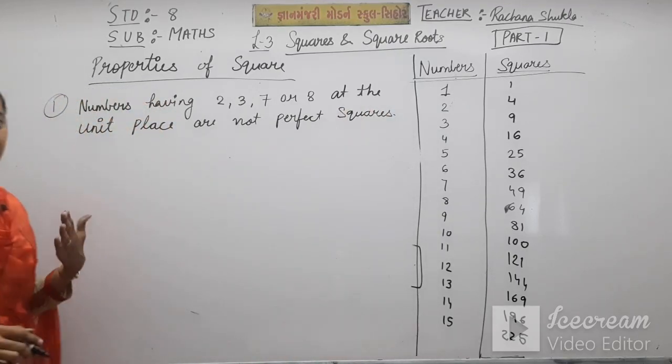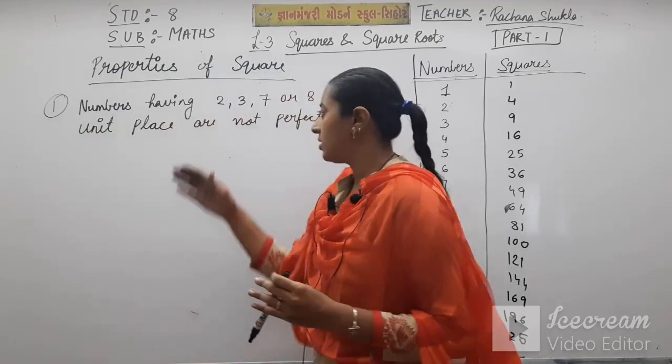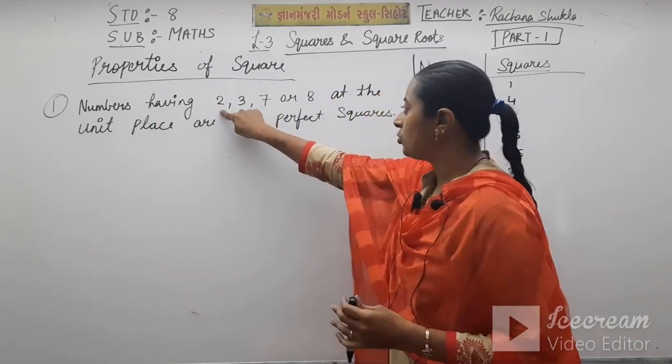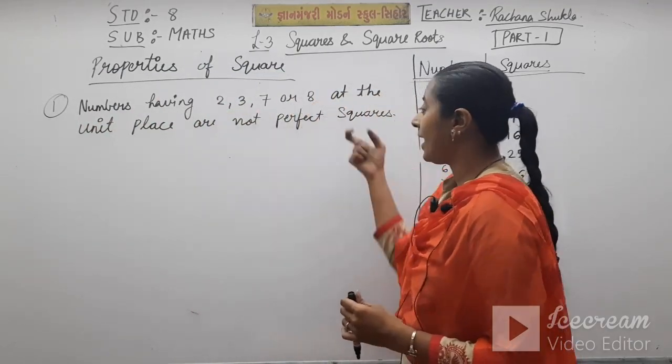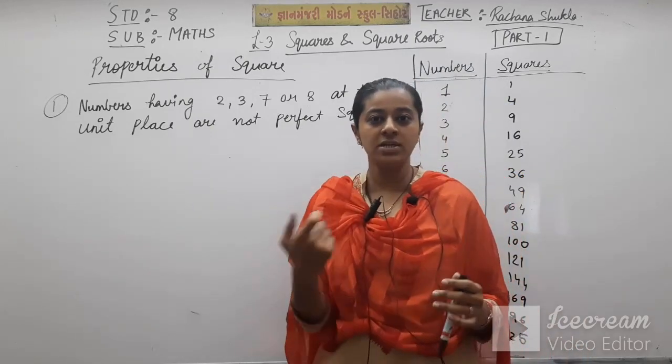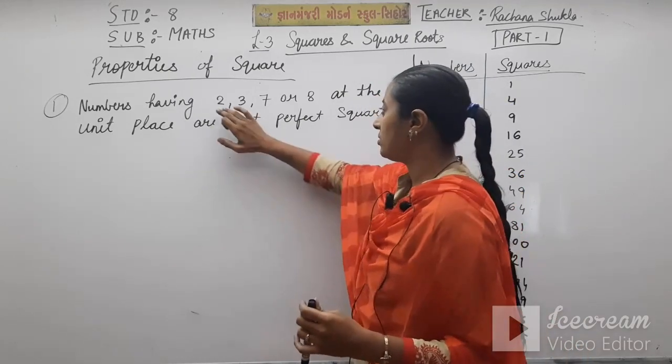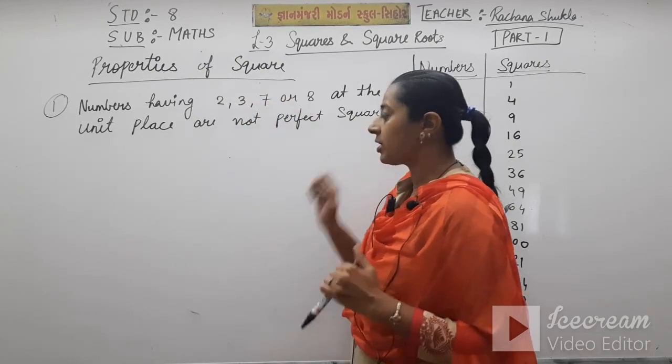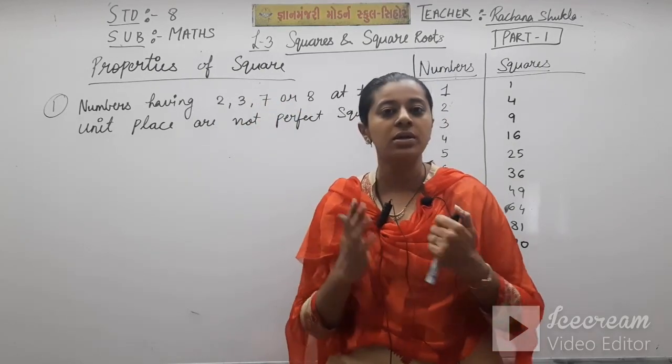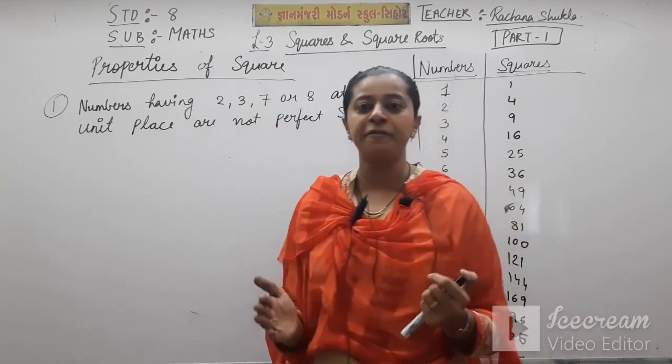The first property tells us that if the number has 2, 3, 7 or 8 at the unit place, unit digit, then that particular number is not a perfect square.